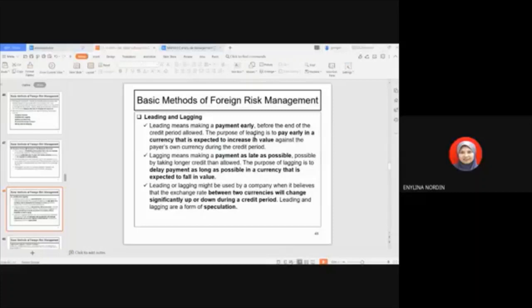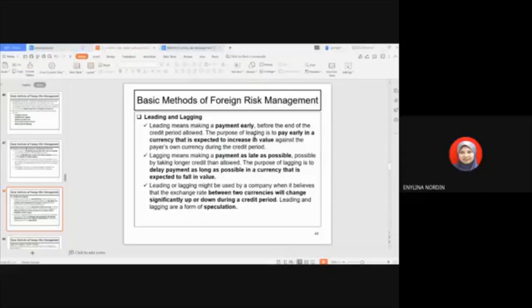So what would you do if you predict that the Singapore dollar is going to depreciate? Then you will not convert the ringgit Malaysia to Singapore dollars now. You will delay the conversion. In other words, you will not change your ringgit Malaysia into Singapore dollars until the last possible moment.